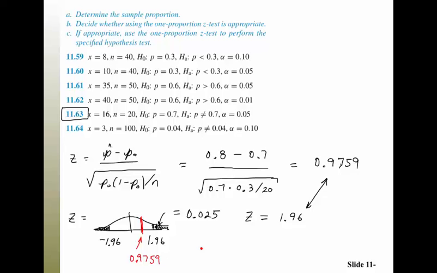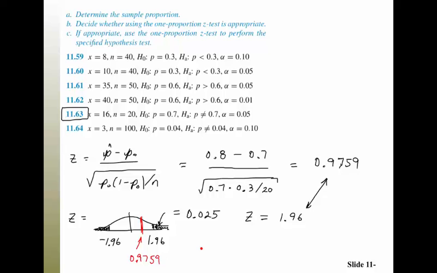We don't have strong enough evidence to say that the population proportion is something other than 0.7. Does that make sense? So it's the same as before, right? Any questions on this example?